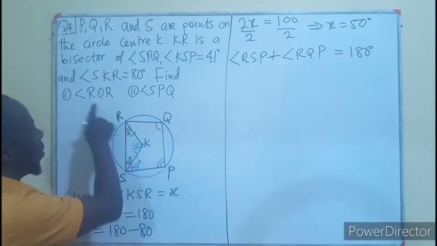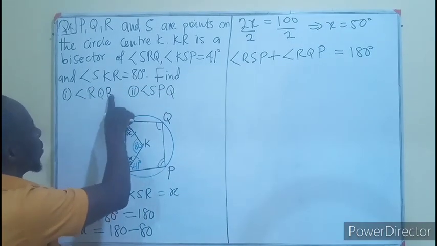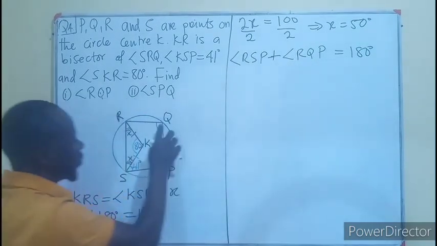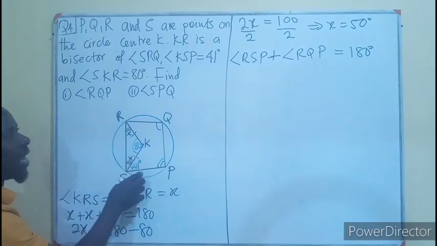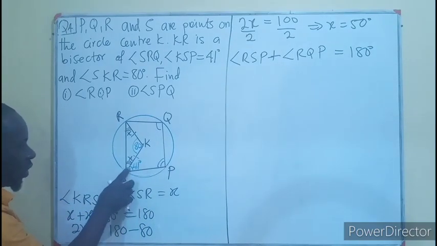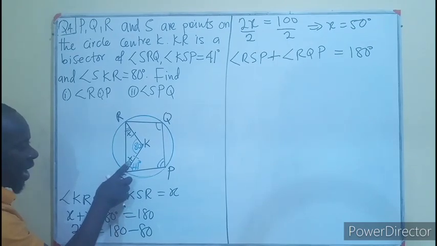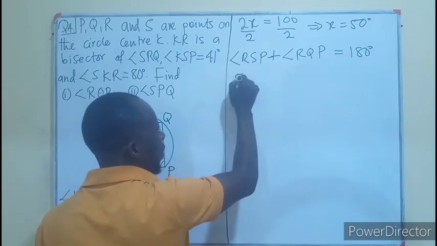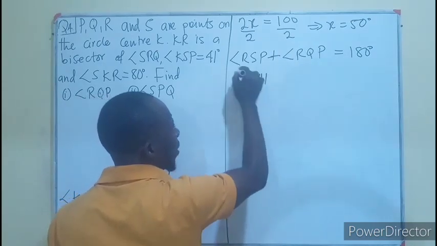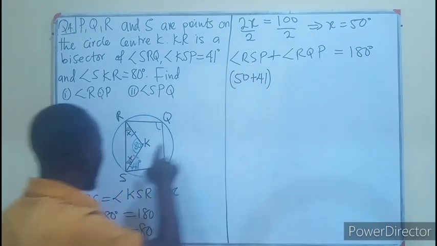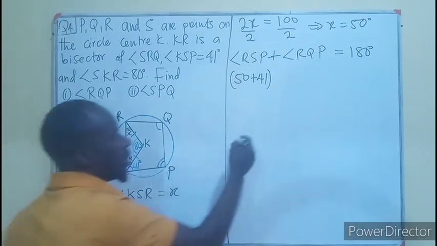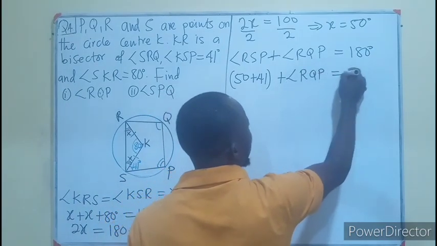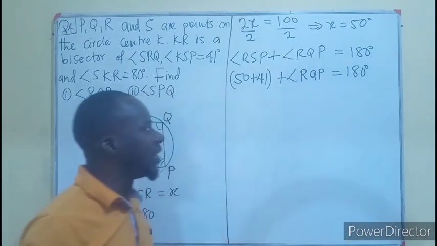The angle we are looking for is RQP. This angle here plus the angle RSP gives us 180. I know this angle here is made up of x plus 41, so 50 plus 41, which represents RSP, plus the angle I am asked to find equals 180 degrees.